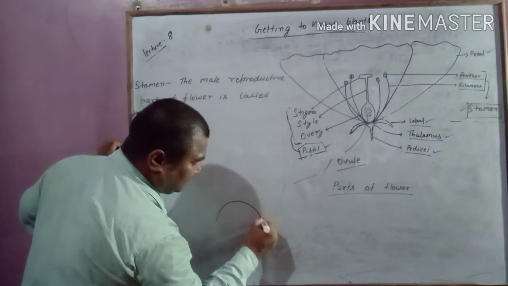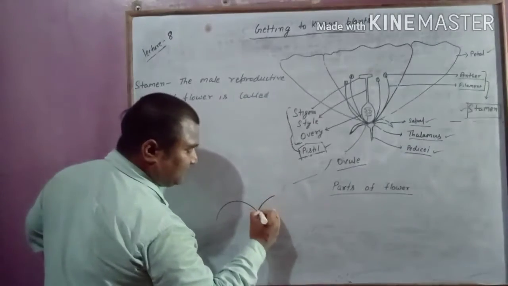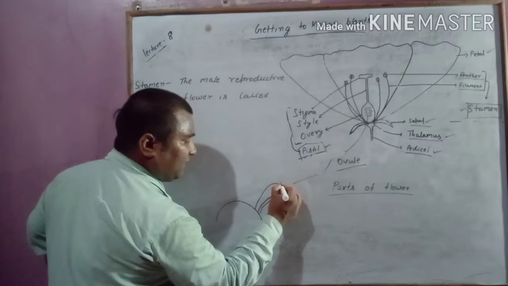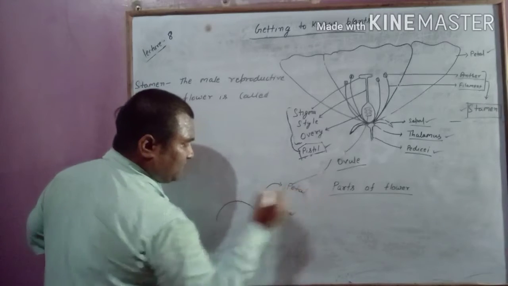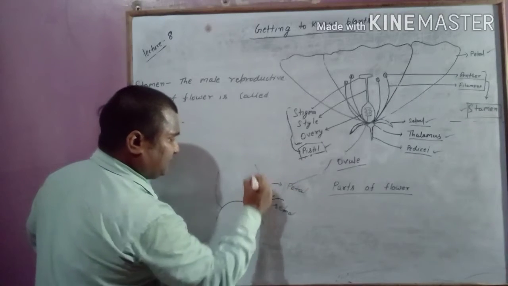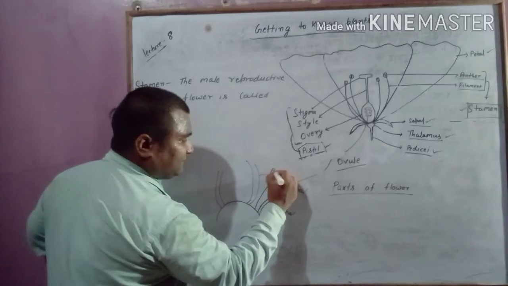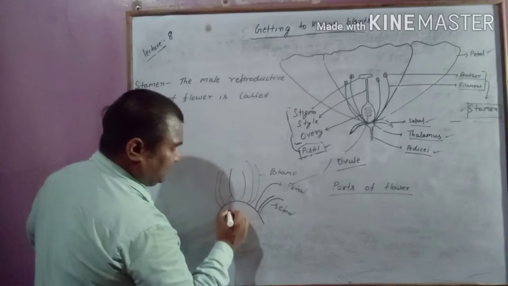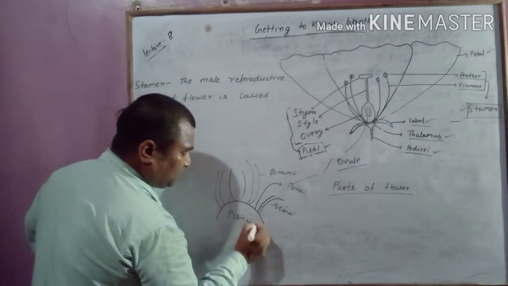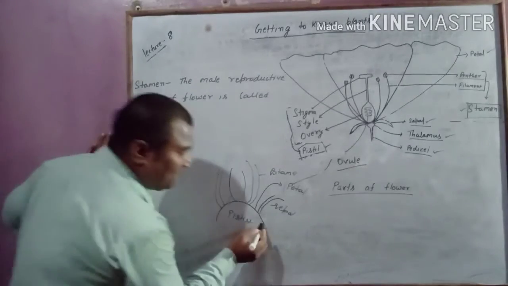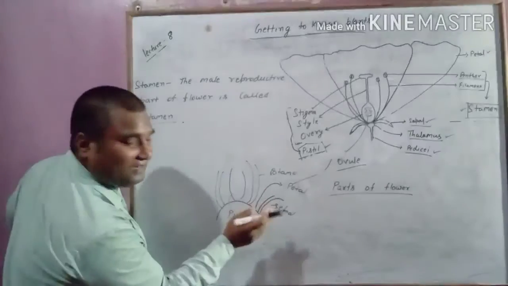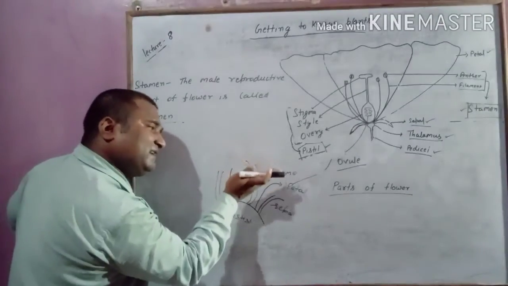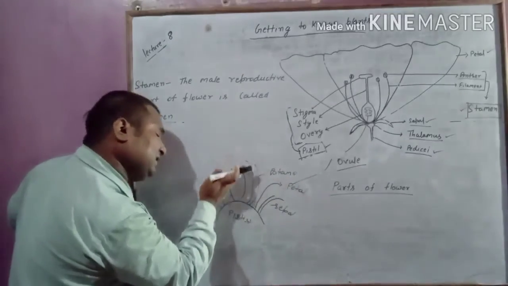On the thalamus the outermost part is sepal, then inner to sepal is petal, inner to petal is stamen, and inner to stamen is pistil.